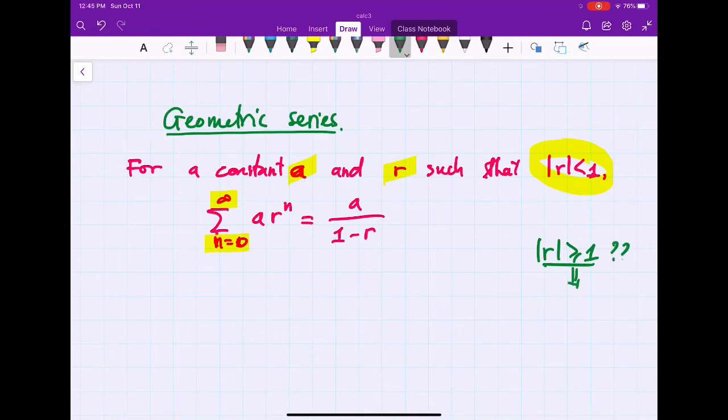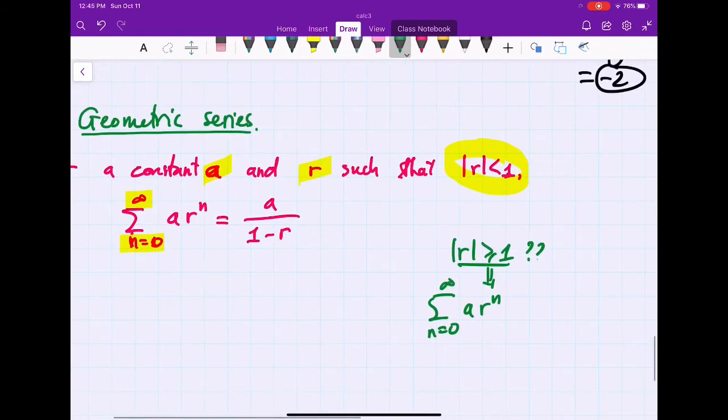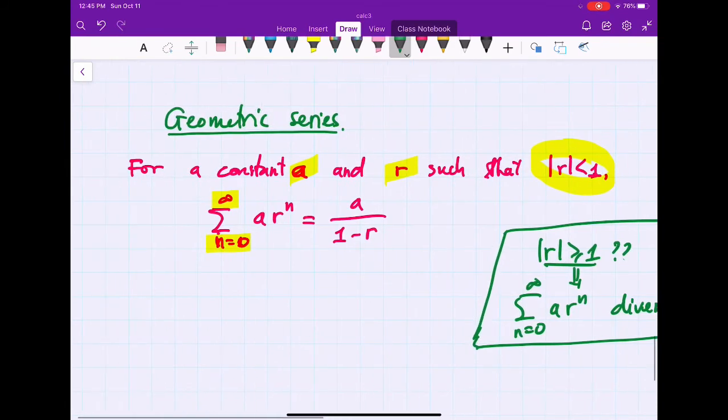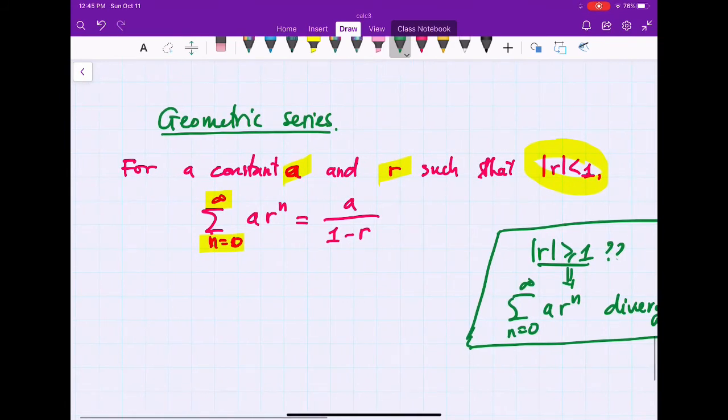In this case, the series diverges. Don't forget that. We need to know this situation, because sometimes you see that. But if you want to use the formula, it works only for the case when the absolute value of r is less than 1.